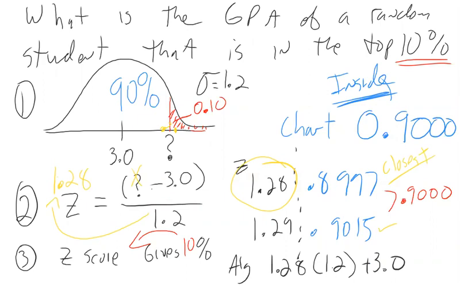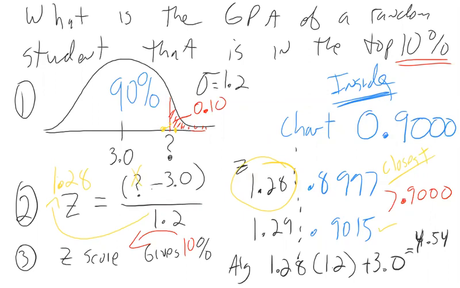So 1.28 times 1.2 plus 3.0 gives me 4.54. So something is off, because you can't go that far away. That is weird. I've never had this happen to me. Did I mess up my math somewhere?